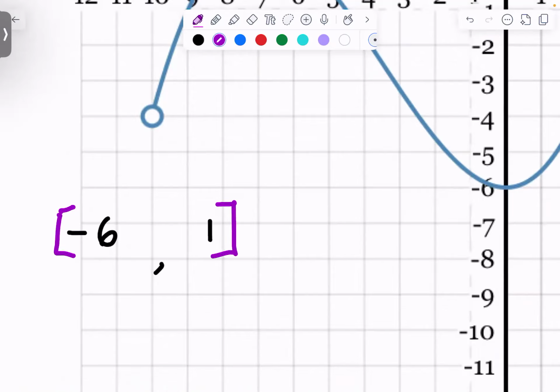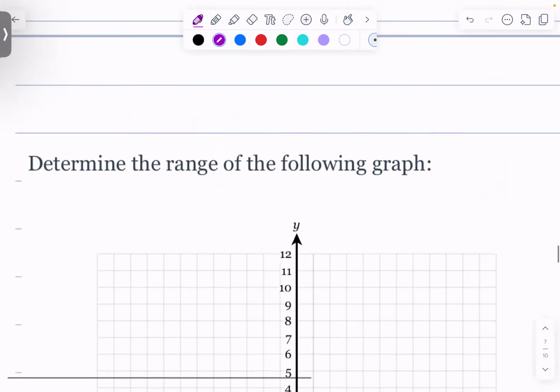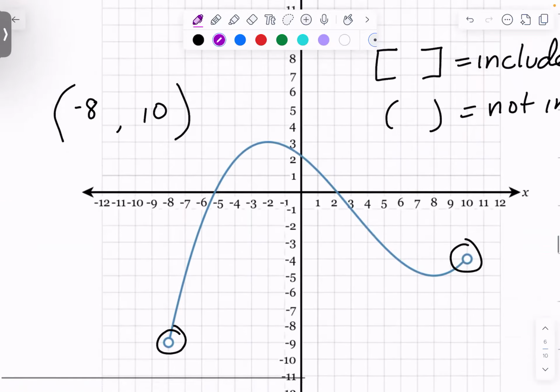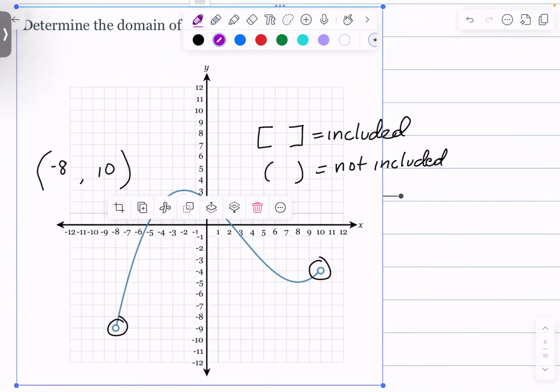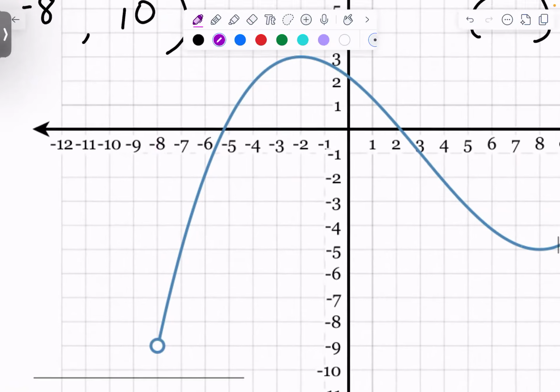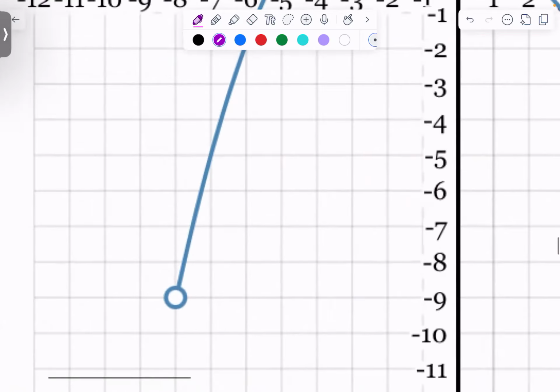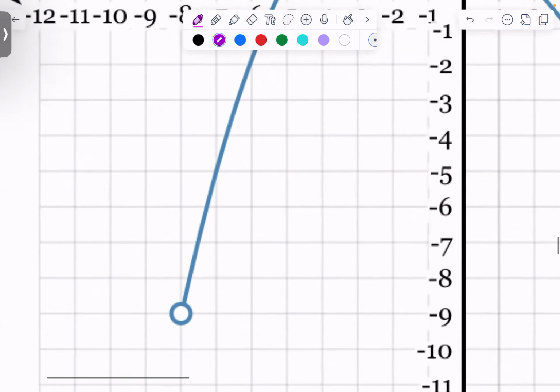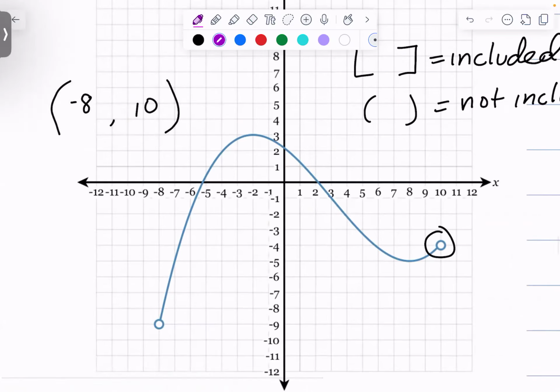Okay, so if you look at our previous example, at -8 and 10 for my domain. Okay, my domain is x values. So when x equals -8, you see how this is an open circle? Yeah, that means that that point is not included, is not a part of my graph. Okay, that's why it's parentheses.